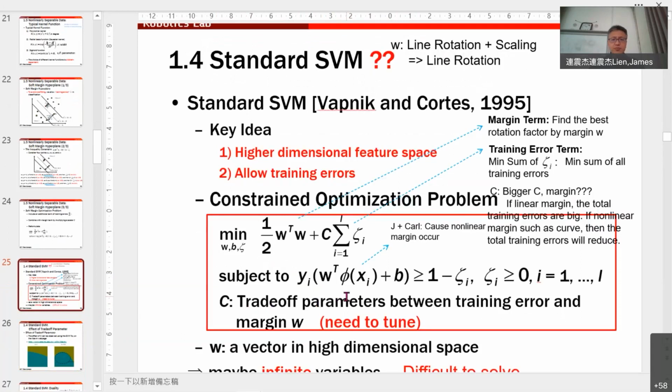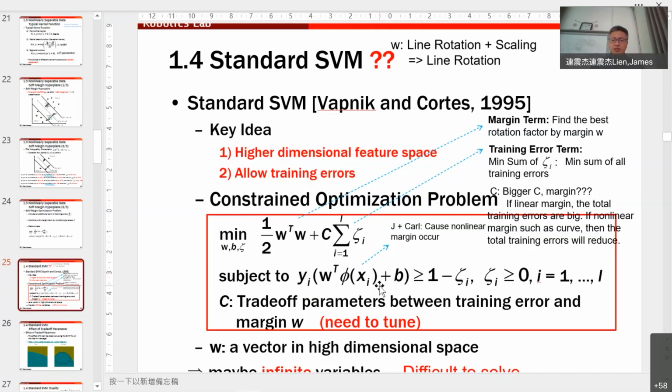Continue. So here, finally, this is what we call a constraint optimization problem. It's the original equation plus a constraint term, and subject to this original one, this is also a constraint. Here, this is a kernel function, because we try to project this into a higher space.